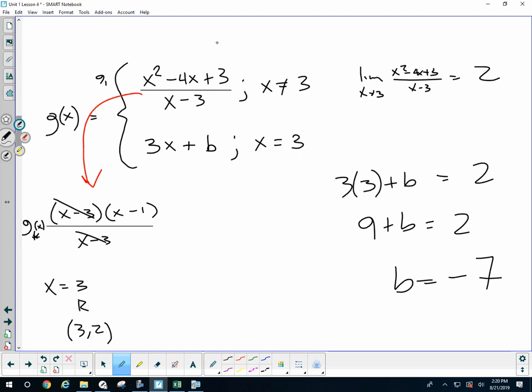So it's like I got this piece at 3. I have a hole at 2. I need to make sure this point is 2 when x is 3.